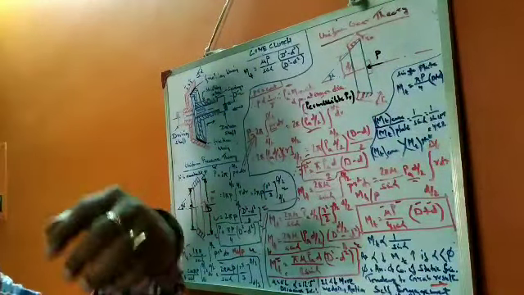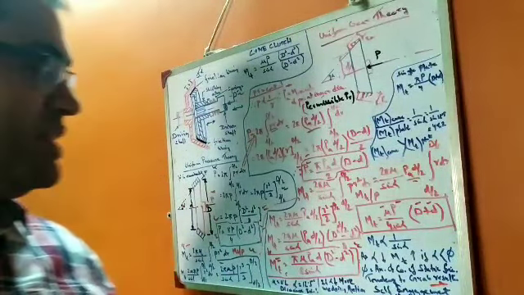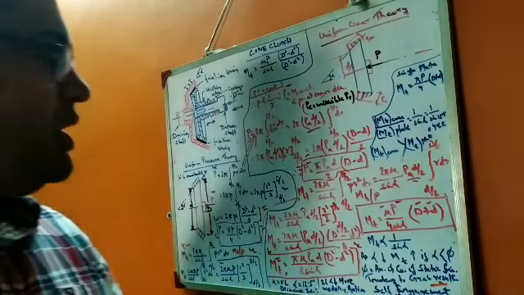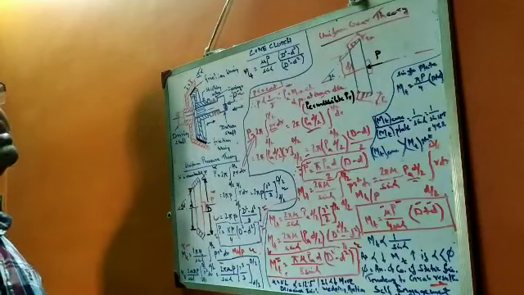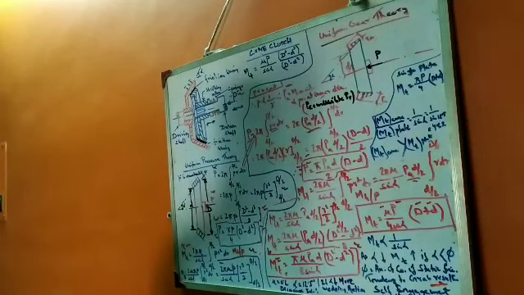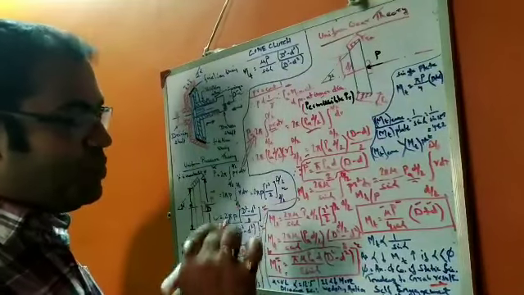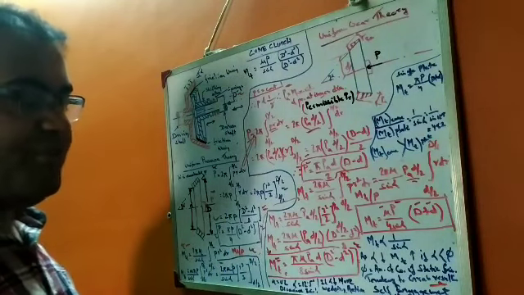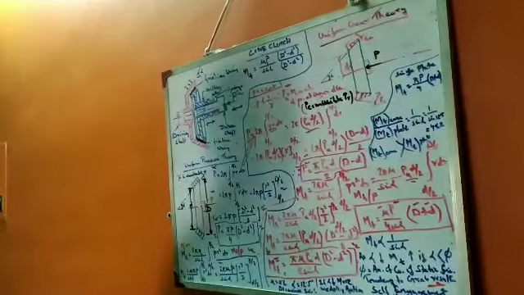But another limitation is also there: if we go on decreasing alpha, there is a wedging action, as I have told. So for a coefficient of friction 0.2, we cannot go beyond phi. Normally the value of alpha is taken as 12.5 degrees.